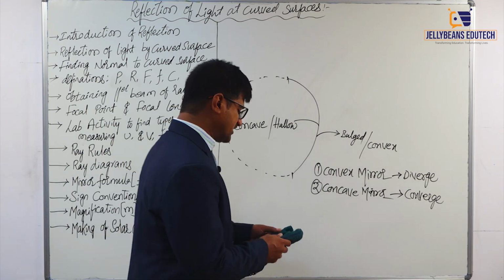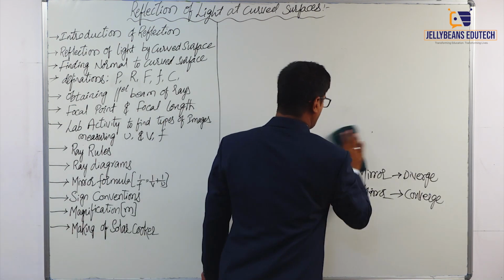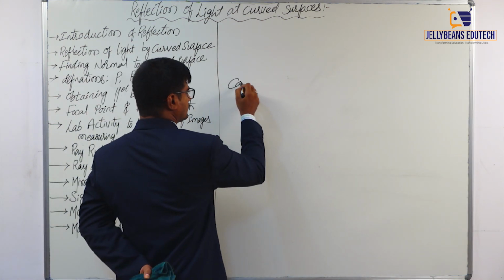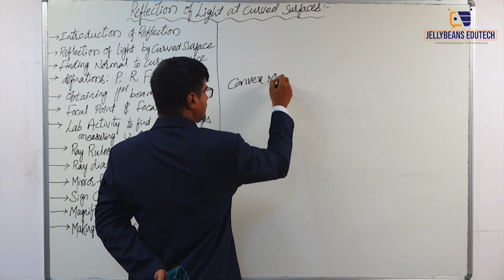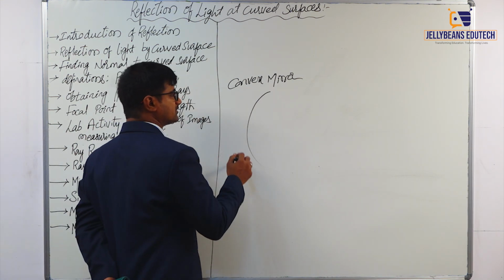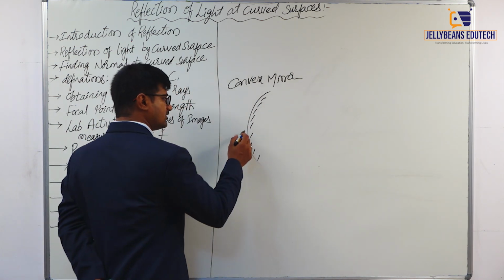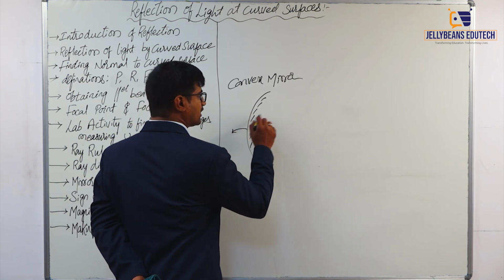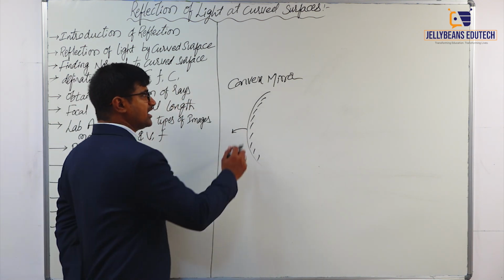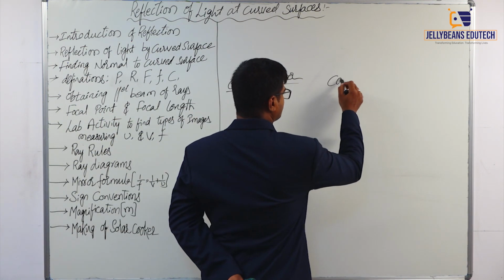Let us see the representation of a convex mirror and a concave mirror. If the concave surface is silver coated, then the convex surface acts as a reflecting surface, and such mirrors are called convex mirrors.